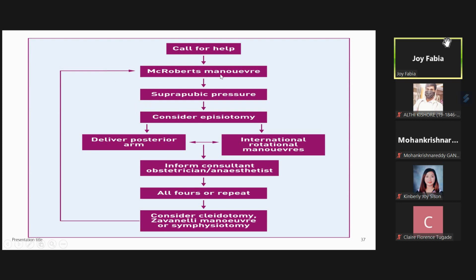And then that will follow na po yung iba't ibang maneuver natin such as the McRoberts maneuver, suprapubic pressure, episiotomy, and then the anterior arm delivery, and then if you still cannot deliver, then to follow yung mga posterior arm maneuvers natin.